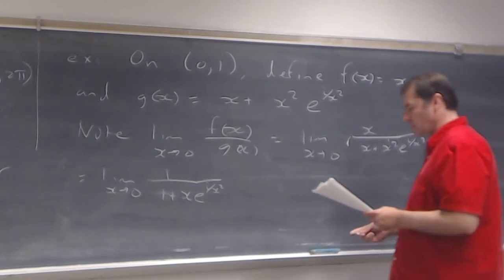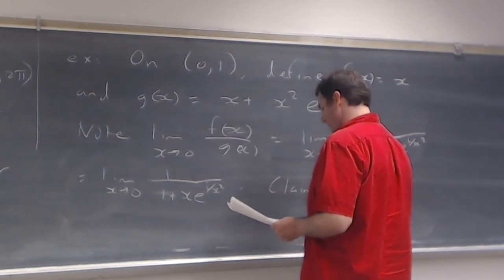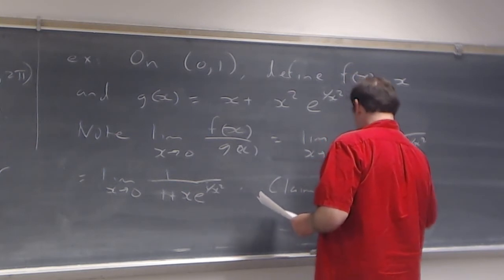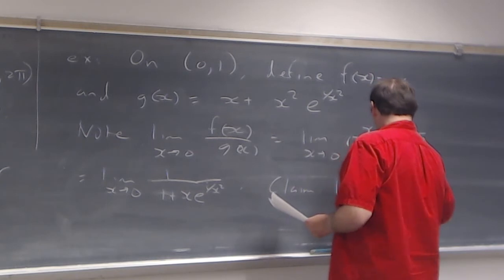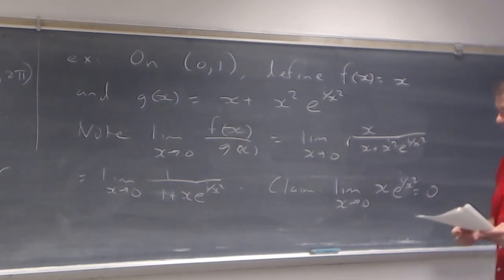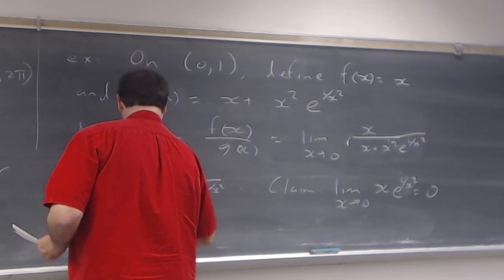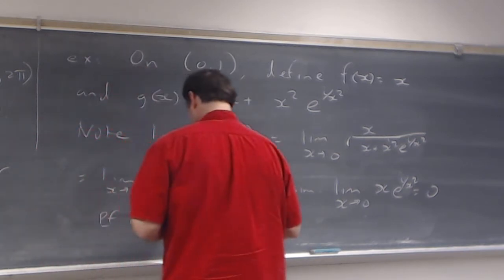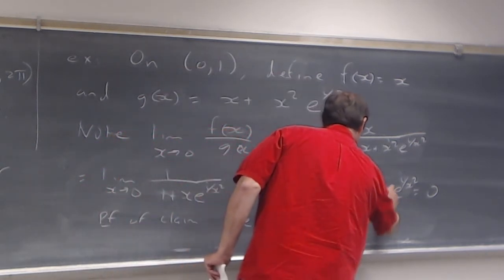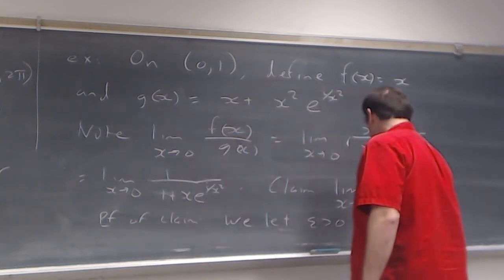Now, I want to make a claim here, something we need. I want to claim that the limit as x goes to 0 of x times e to the i over x squared equals 0. Let's start the proof of this claim. So we're talking about a limit of a function, and we're going to let epsilon be greater than 0 be given.